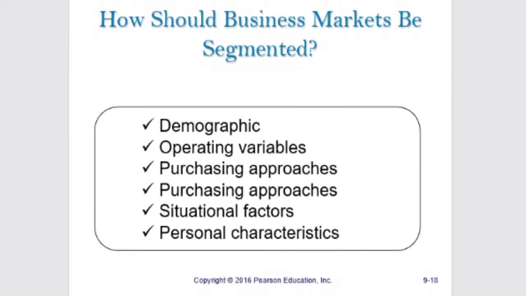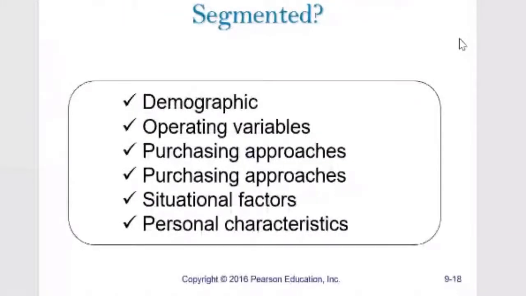That is, are the companies seeking service, price, or quality? So what exactly are the different types of purchasing approach is what we have to see when we decide on the purchasing parameters for segmenting different organizations. I'm sorry to say that purchasing factors has been written twice, but we are going to take it only once.